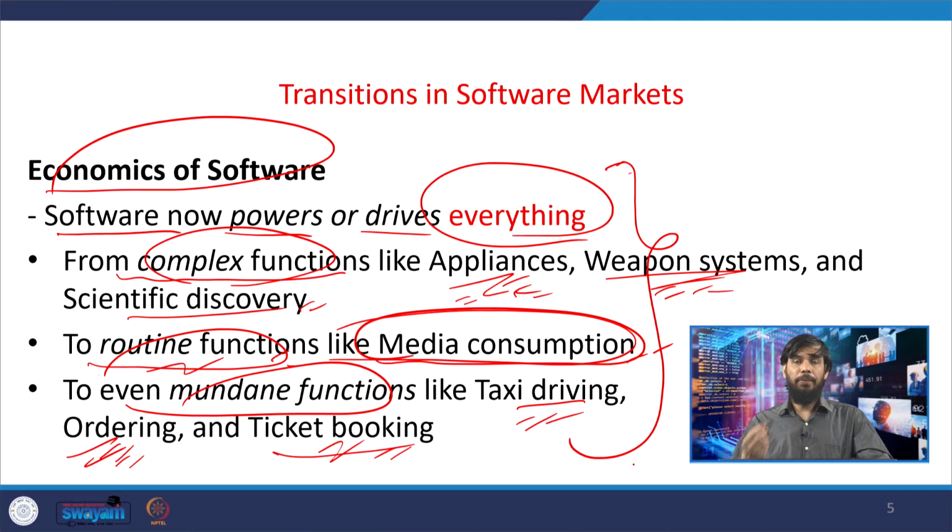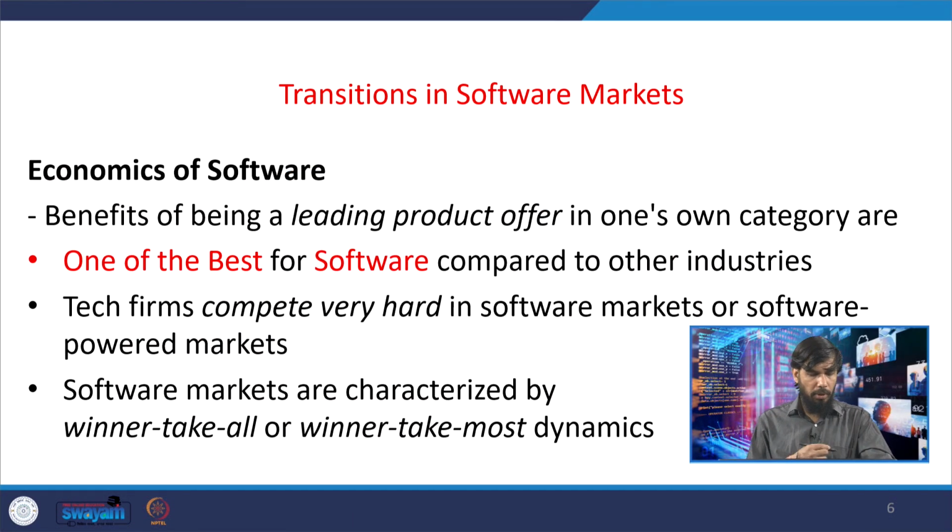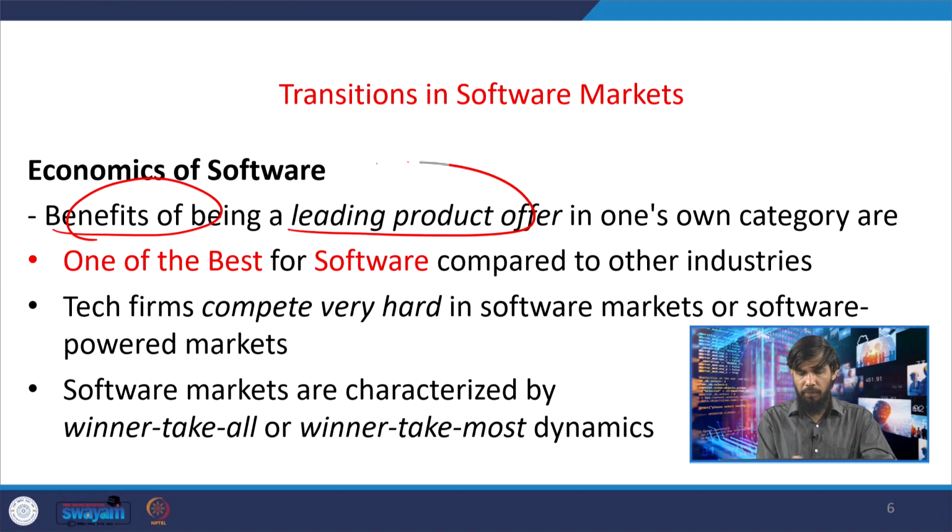Therefore the opportunities for IT firms or software firms to make money have multiplied, and we already talked about the economics, duplication. So revenue streams work very fast, and so many software companies are becoming very rich because of the way economics work in this case. Now, the benefits of being a leading product offer in one's own category.